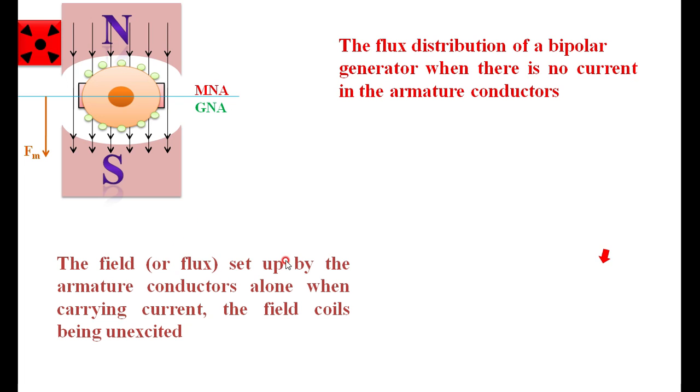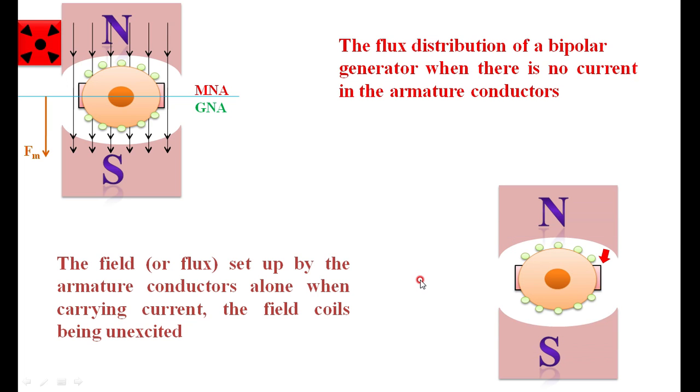Therefore, the flux set up by the armature conductors alone, carrying current while the field coils are unexcited, is considered. Whenever current flows in the armature conductors, it produces its own magnetic flux, represented by OFA.